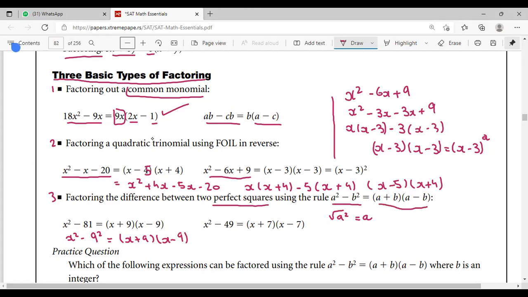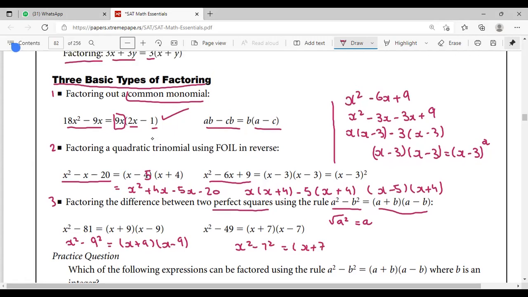Okay. Then we have x squared minus 49. Again, we can do it the same way. x squared minus 7 squared. This is basically x plus 7, and this is x minus 7, right?